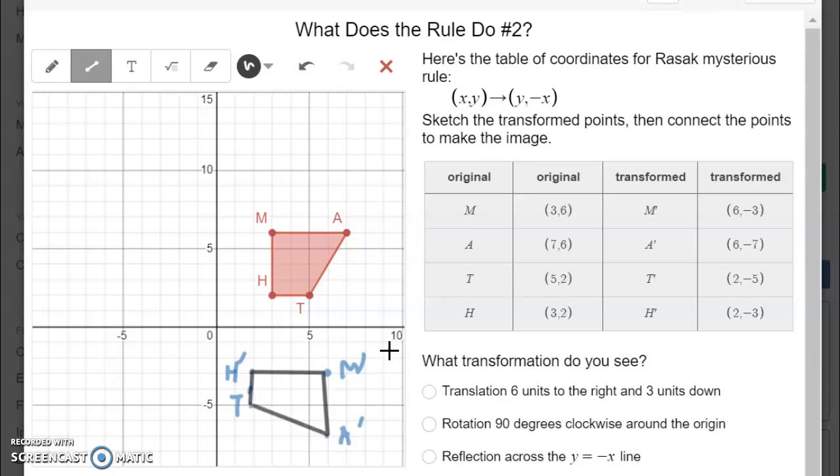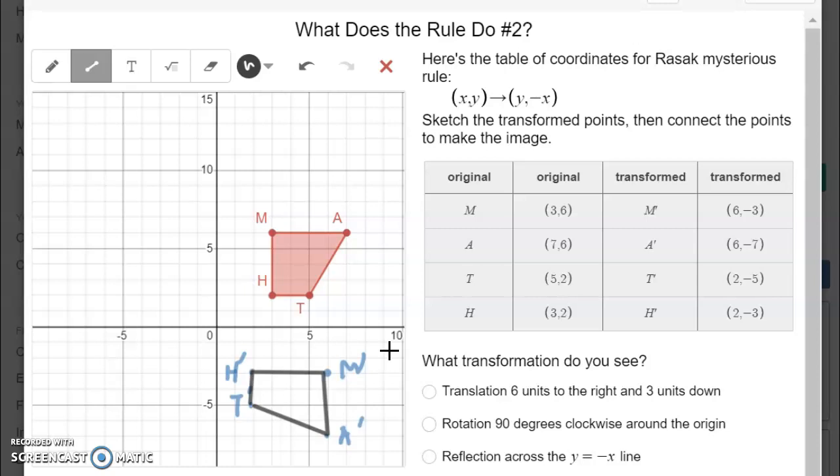Okay, so what sort of transformation is it? Well, it's certainly not a translation. It did not just slide down because it's a different orientation. Okay, is it a reflection across the x-axis? It does not look like it. Is it a rotation? Okay, does it look as if this has rotated? It does look like a rotation, and you can certainly check that with tracing paper.